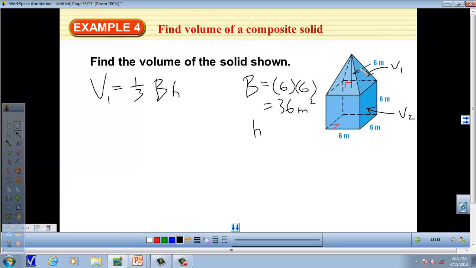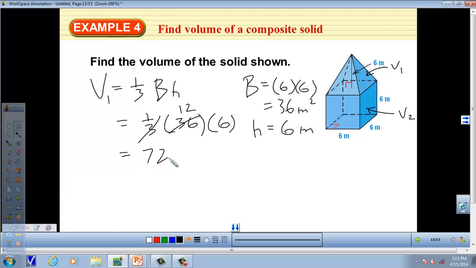To find the height, we notice the height of the pyramid is 6 as well. This gives us what we need. We have 1/3, this is 36, and this is 6. If we divide the 36 by 3, we get 12. 12 times 6 gives us 72 cubic meters.